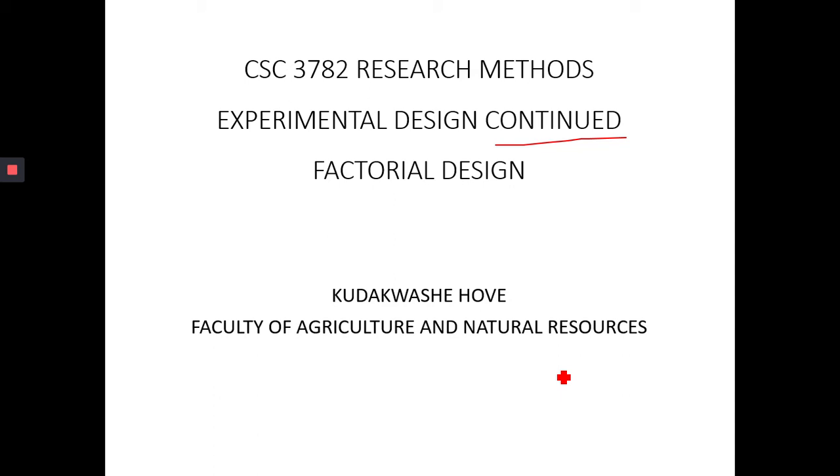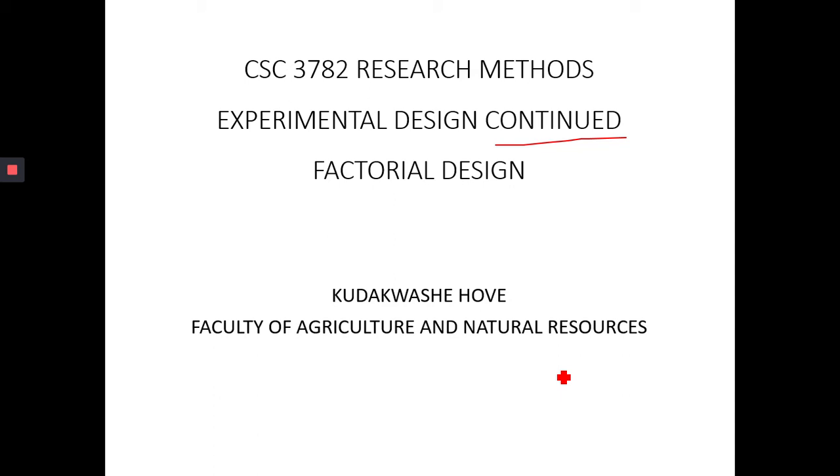Now, last week you were introduced to a Latin square design, where it was explained to you that in the event that there are two factors that need to be blocked, if you want to block two factors, you must use a Latin square. Why am I narrating this?